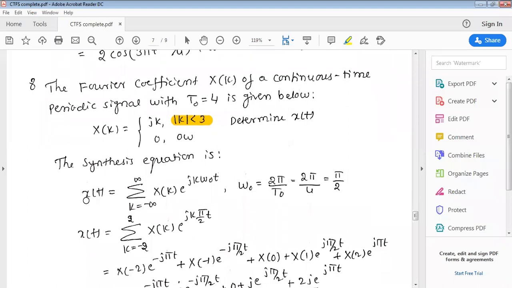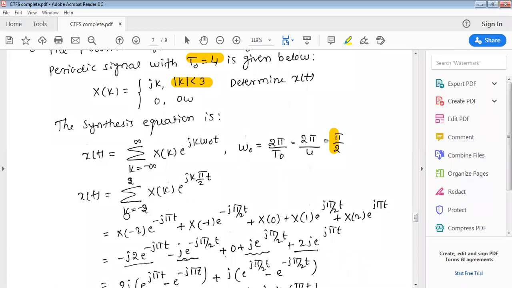Okay, so once again, I'll write the basic equation, x of t with x of k. Now omega naught is 2 pi by T naught. T naught is given to you as 4, therefore I'll write it as pi by 2. Now I'll substitute k equal to -2 to +2, x of k into e power j k pi by 2 into t. So I got e power j k omega naught t, with omega naught pi by 2.